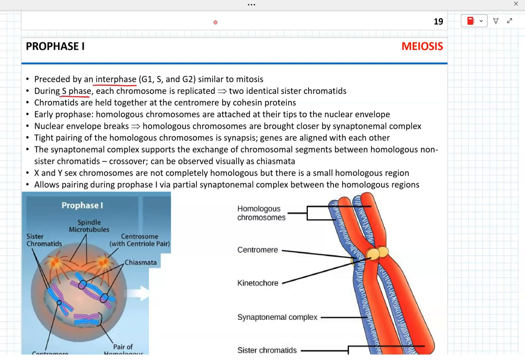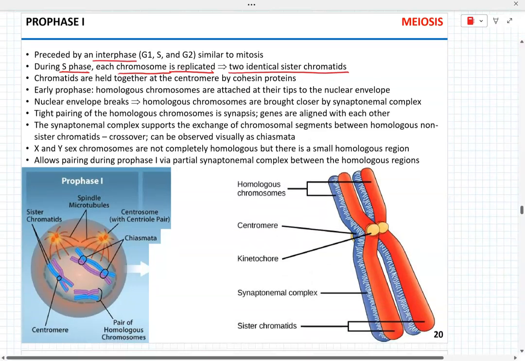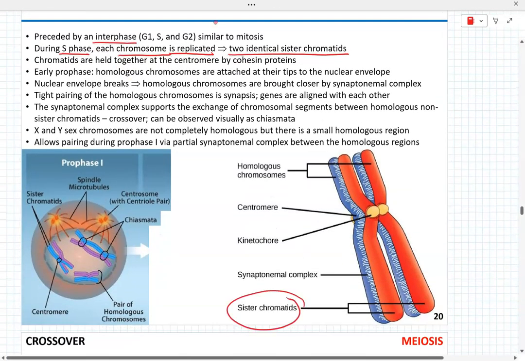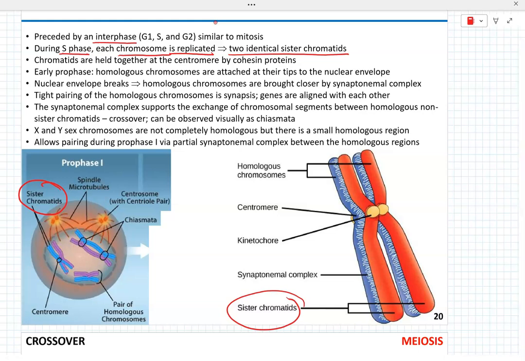In S phase, each chromosome is replicated, just like in mitosis, and now it consists of 2 identical sister chromatids. Chromatids are held together at the centromere by cohesin protein. So far, it's very similar to mitosis.